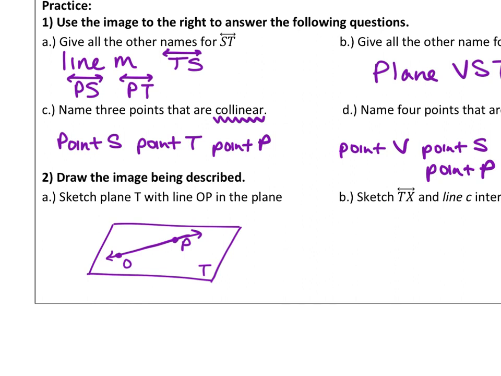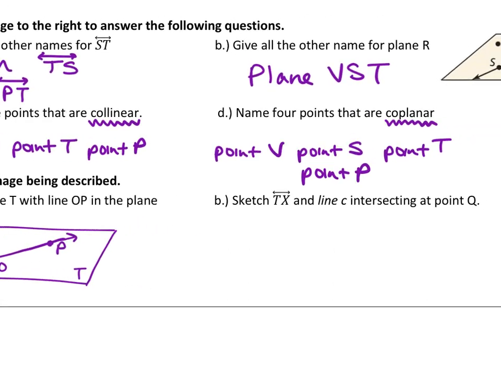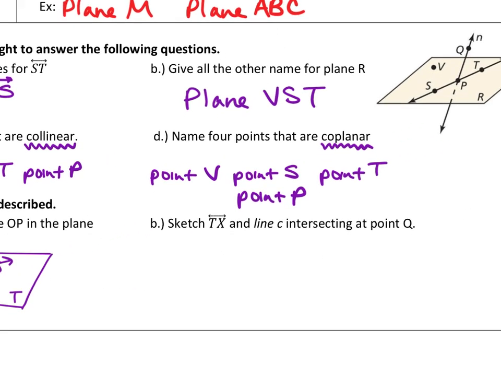Okay. Part B says that we want to sketch line TX and line C intersecting at point Q. What does the word intersecting mean? Crossing, yeah. So what we need to do is we need to have TX. So here's my T and here's my X. That's a line. Line TX.